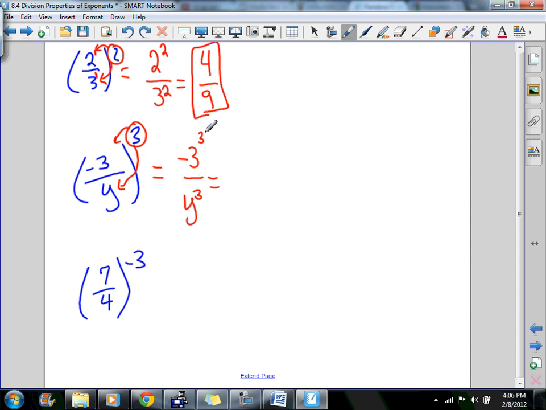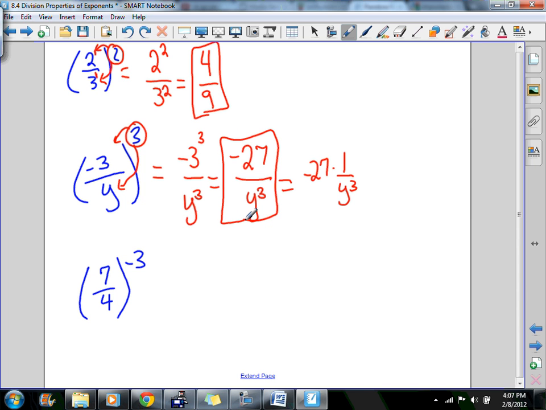Like if this was a 4, this answer would be positive. Well, we know the answer is now going to be negative because it's odd, so it becomes negative 27. And the bottom becomes y cubed, which is the same thing as negative 27 times 1 over y cubed, but I'm expecting you to probably give that answer.